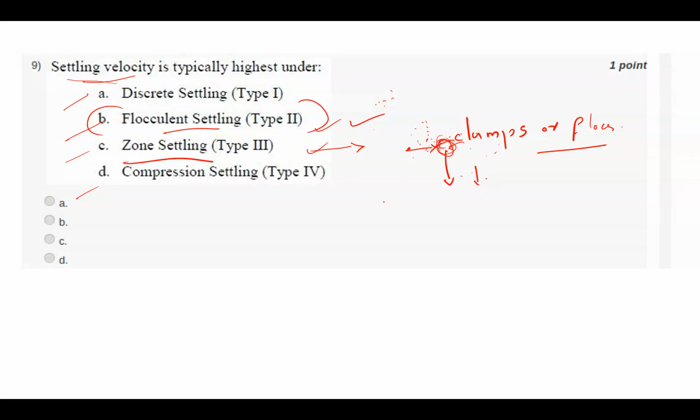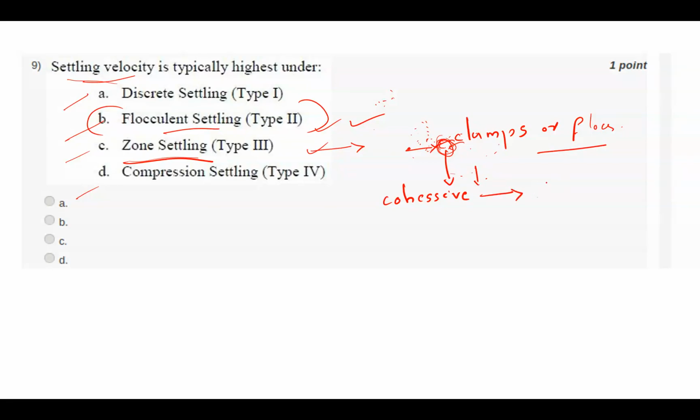Yes, see, here it goes. In all these, just the settling velocity is considered. So here in the zone settling, as the other student has commented, the cohesive force is acting. What is cohesive force?